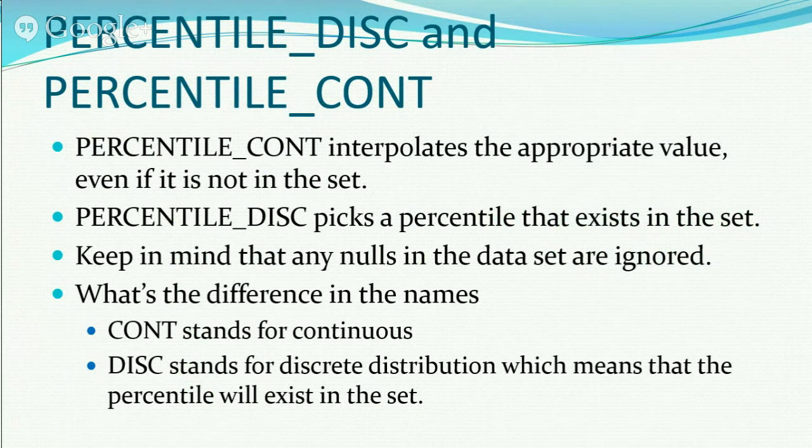So you might have duplicates, or you might have big wide gaps, and you might say that certain things are at the 80th percentile and there's nothing in the 70th percentile range because of data that's missing, and then you're suddenly at the 60th percentile. Well, continuous would level them out across those open gaps effectively. Keep in mind that any nulls are ignored, and percentile cont stands for continuous, percentile disc stands for discrete.